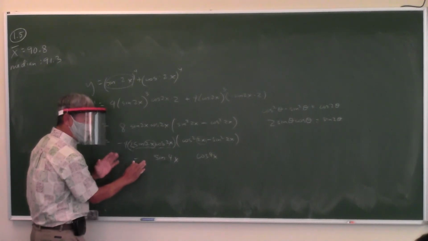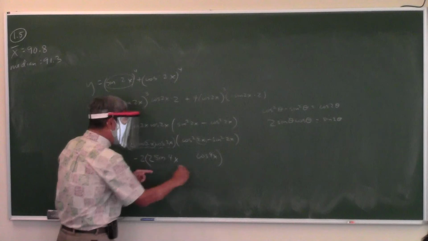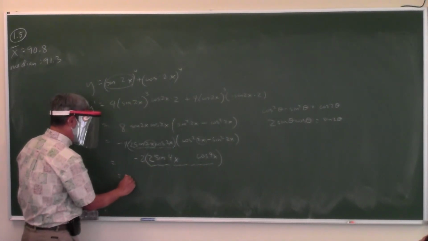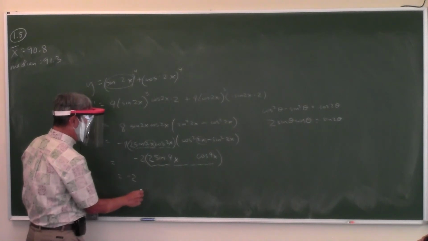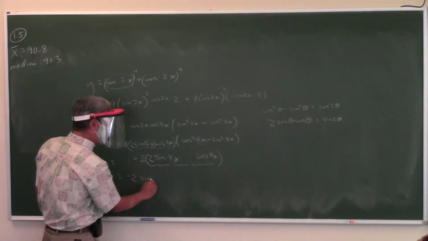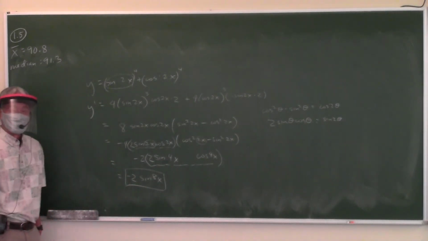So you change the 4 to 2 times 2. Negative 2 times sine. Wait a minute. Sine 8x. There you go. Boom! Isn't that neat?